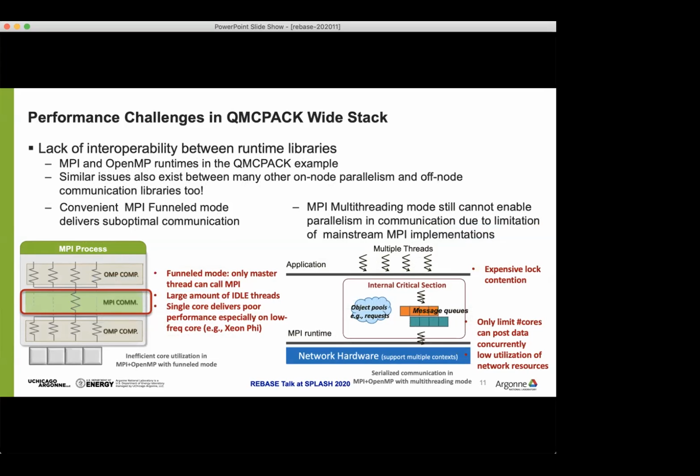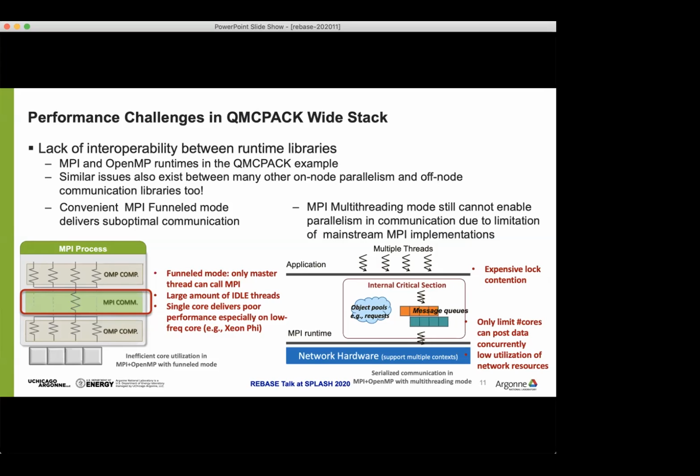So what does funneled mode mean? It means they use multiple threads, for example an OpenMP parallel for loop, to parallelize their local computation. And then they allow only a single thread, basically the master thread in OpenMP, to issue the communication. And once the communication is done, they get back to parallel for computation again.